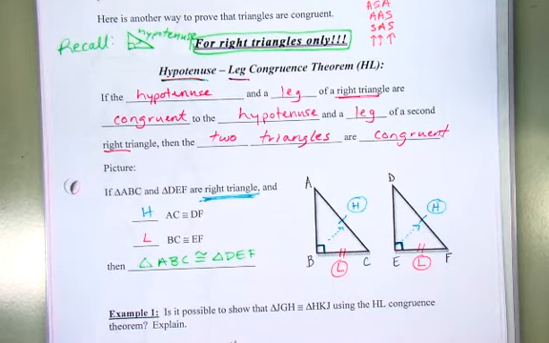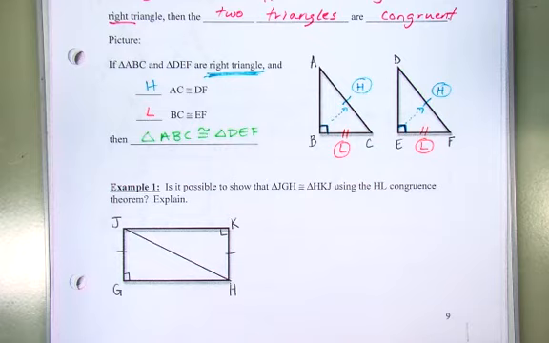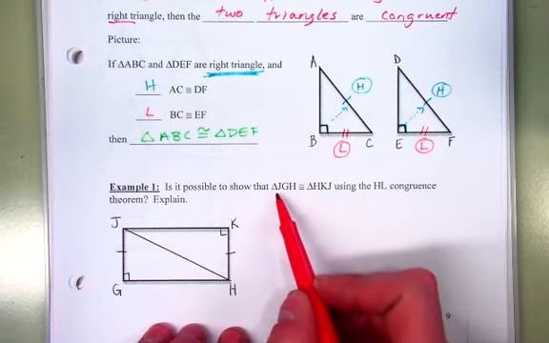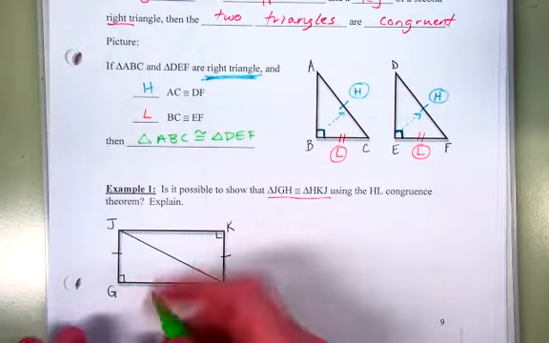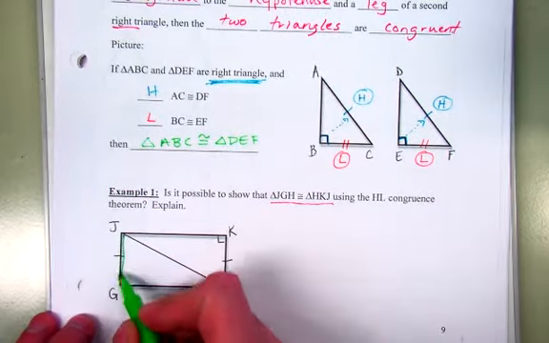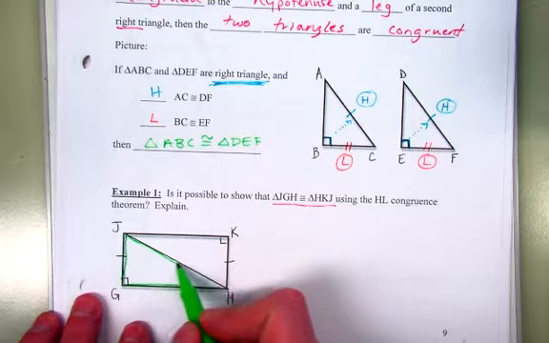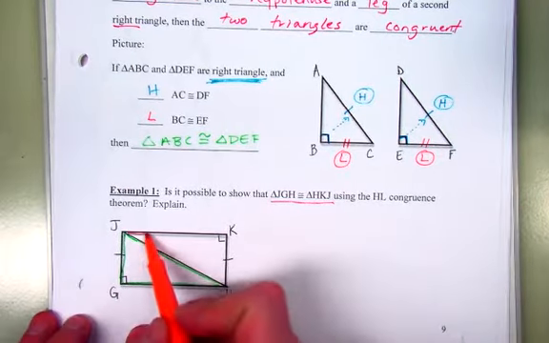So looking down at example 1, we need to show that these two triangles are congruent. So the first triangle we'll look at is right here. And the second triangle is this one right here.